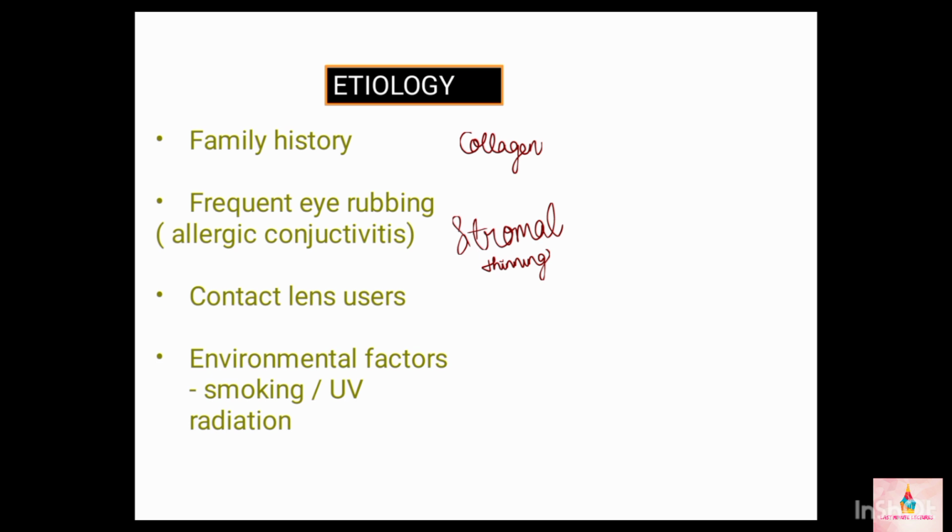And contact lens users, contact lens can cause corneal trauma and decrease the oxygenation at the corneal epithelium, and multiple other reasons leading to corneal thinning finally. And environmental factors like smoking and UV radiation, because these can lead to reactive oxygen species.